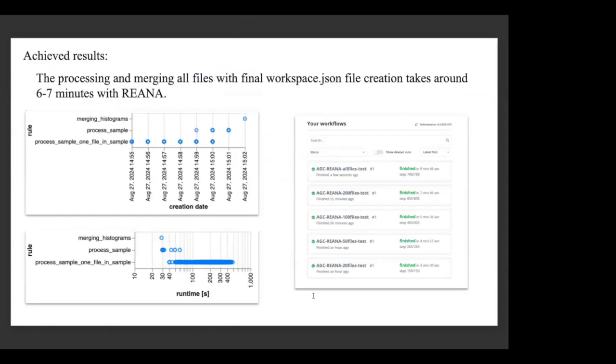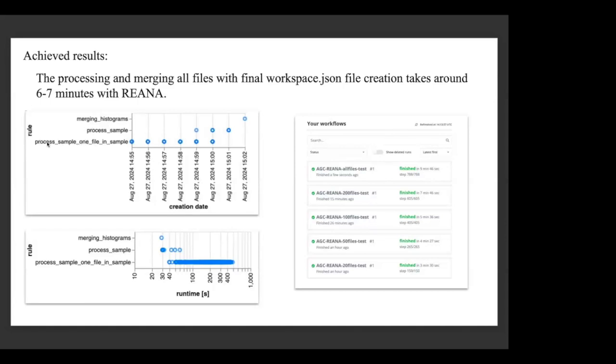The results achieved for processing, merging all the files, and then creating the final workspace JSON, which was made with the Cabinetry package, take around 6-7 minutes with REANA. Here you can see the report which is generated by Snakemake automatically after the workflow is finished.